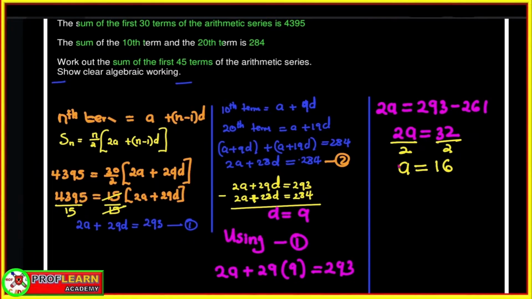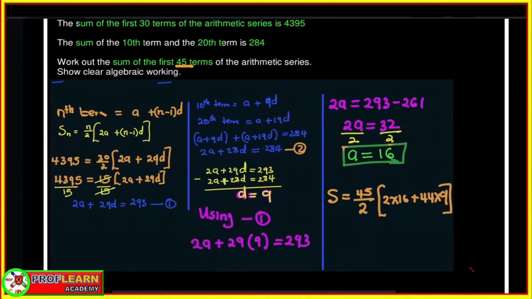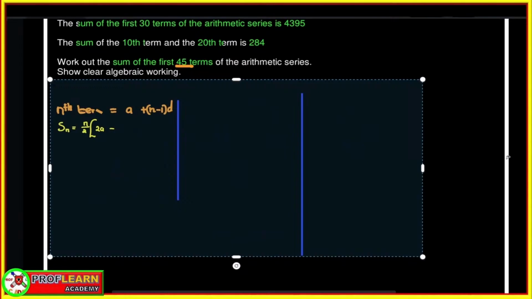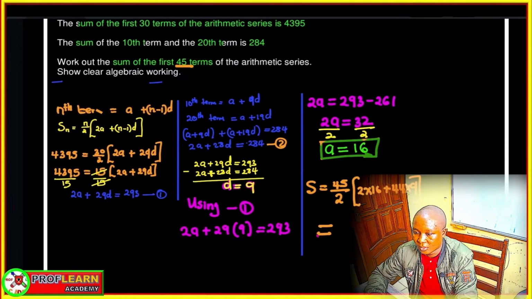Once we have this, we can proceed and work out the sum of the first 45 terms. It will be 45 over 2 into 2 times 16 plus n, which is 45 minus 1, which will be 44, times the common difference, which we have found to be 9.